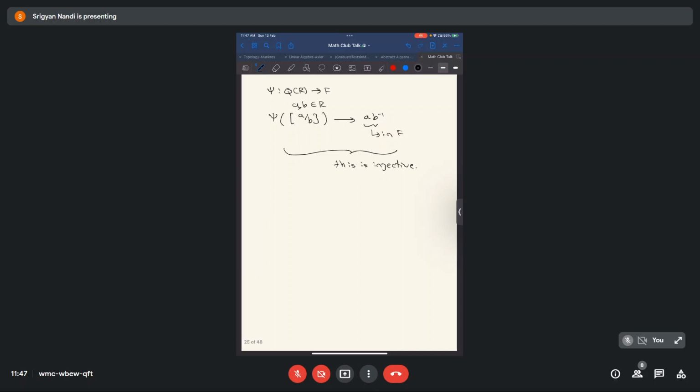If it is injective, then you showed that there is an injective map from Q(R) into F, meaning that the image of this map is a copy of Q(R) inside F. So that means that every such F always contains an isomorphic copy of Q(R) within it, given by this natural map. So that means that Q(R) is the minimal such field. The entire proof relies on the fact that this map that we constructed should be injective, and that is very easy to show.